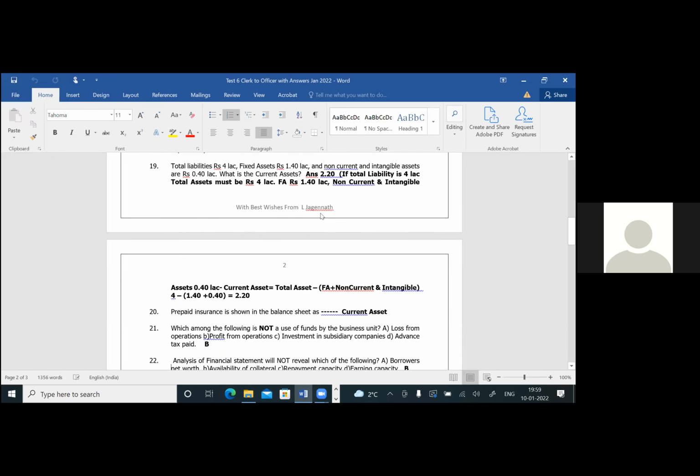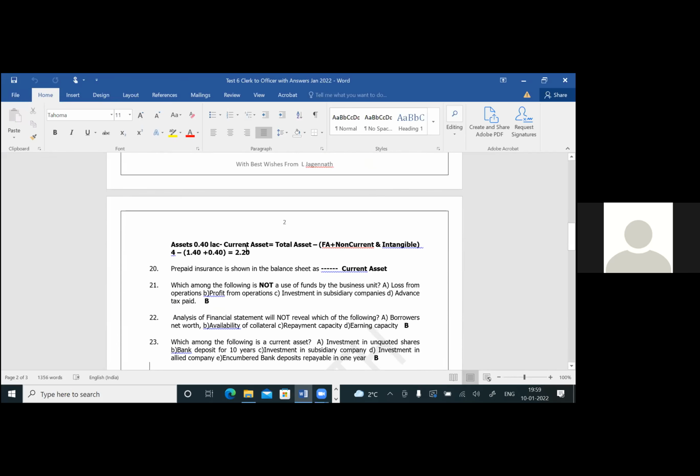Question number 20. Prepaid insurance is shown in the balance sheet. So what is prepaid insurance? Prepaid expenses. I told you, it is nothing but paid in advance. For 1 year, you are paying the insurance premium. In between, if you want to come out and join some other insurance company, for example, you are having a car, and you have taken 1 year insurance from Bajaj Allianz, and you are not satisfied with their service, you can give a notice to them.